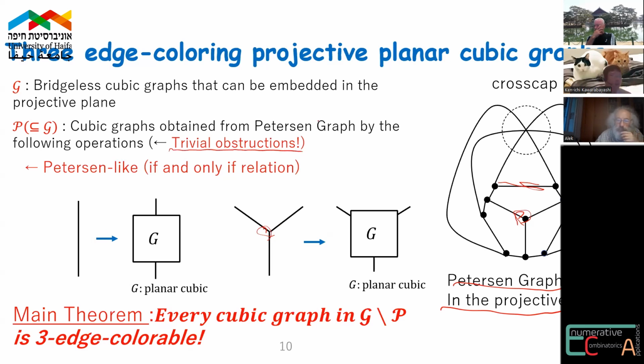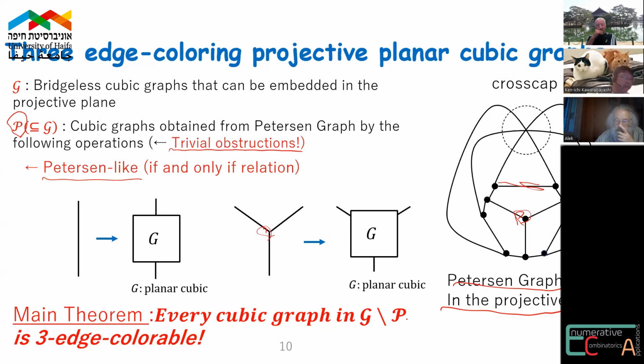Then our theorem can be formulated like this. Every cubic graph embedded in the projective plane is 3-edge colorable as long as it's not in the family called Petersen-like. Petersen-like is basically what I said: starting from the Petersen graph, replace each edge by a planar cubic graph, and the vertices like this. And that's actually if and only if, because this family is not 3-edge colorable. That's a trivial obstruction.